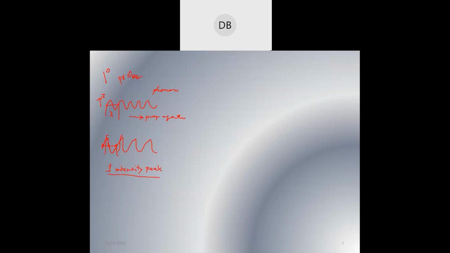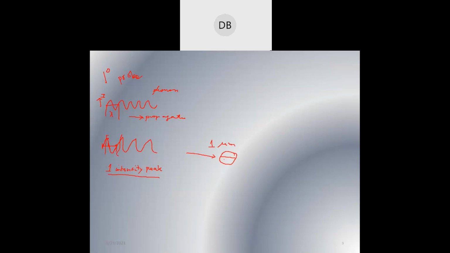Okay, that means if I want to see something, suppose 1 micrometer in size, and I have something that is 1 micrometer. Now to see this, the primary probe that is coming in, the wavelength has to be less than 1 micrometer, otherwise we won't get that one intensity peak. You understand?